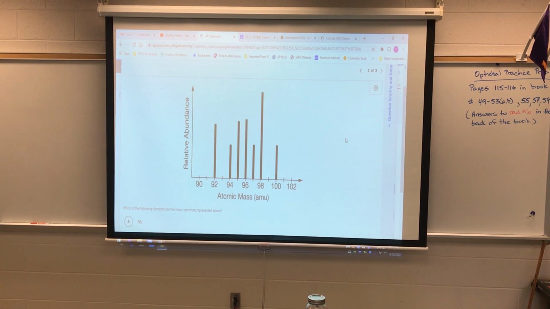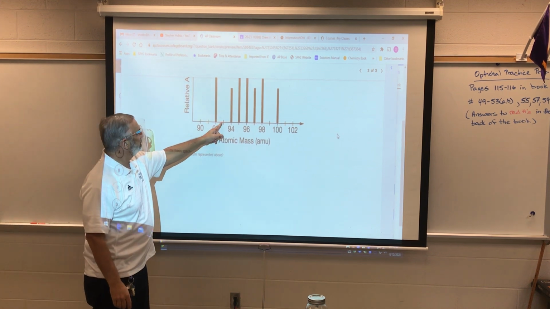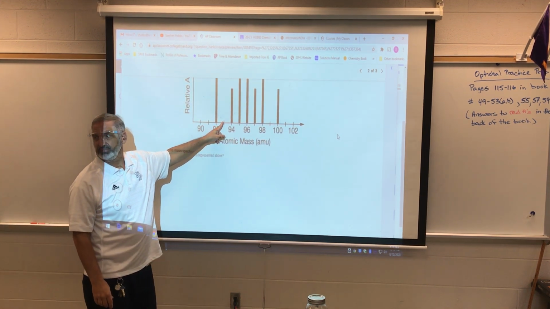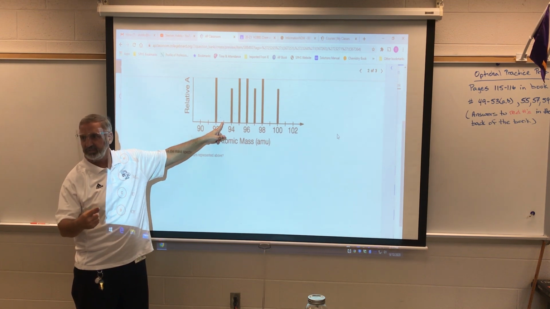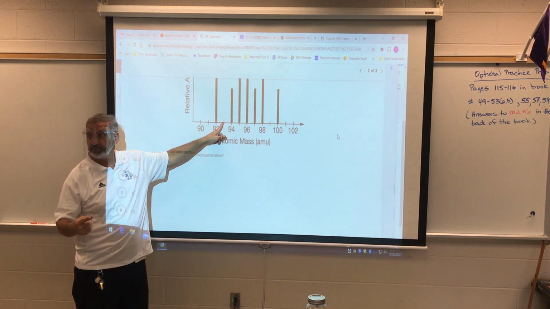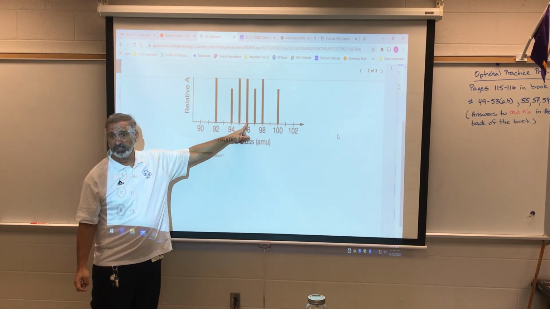So what are my choices over here? I have niobium, which would be 92.9. It's probably not going to be that far down. 92.9 would be right here, the average. Can y'all just ballpark and see that it probably wouldn't be that low? The next one's molybdenum, which is 96, pretty much right in the middle.